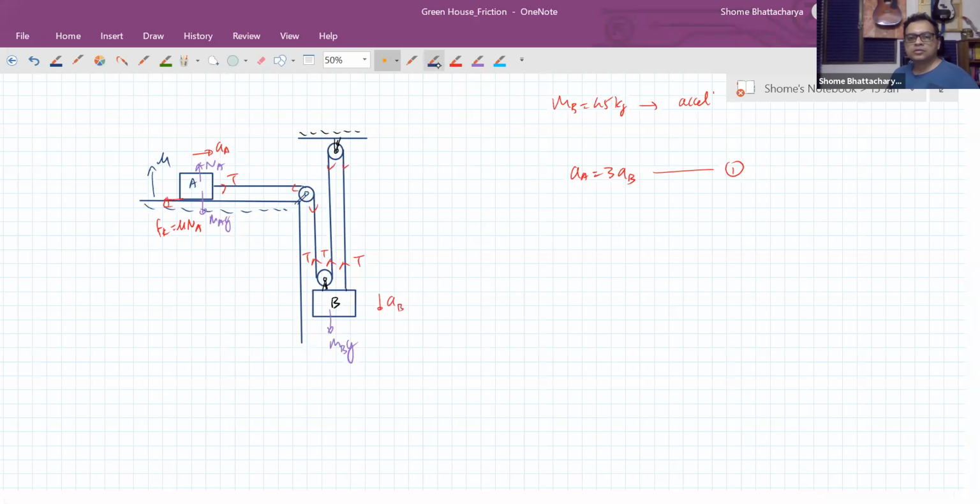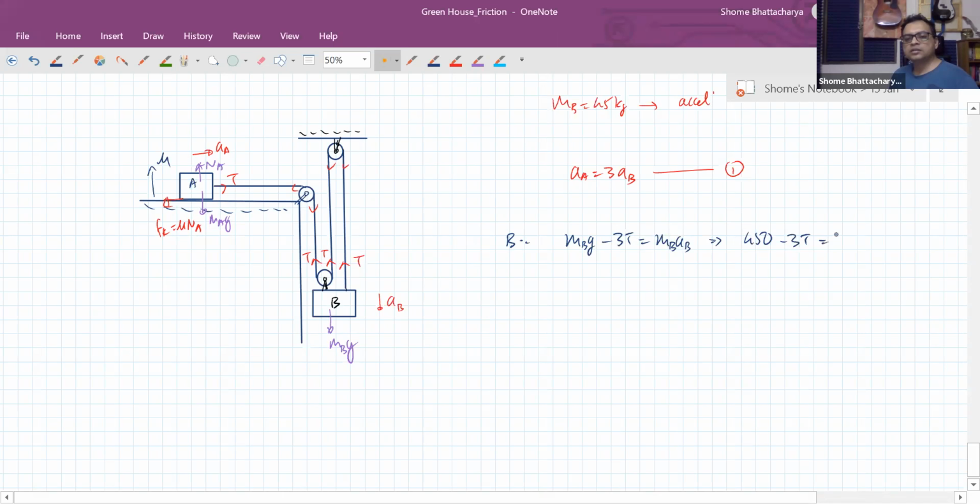Okay. So for B, your equation will become weight minus 3T is equal to mass into acceleration. So this will become 450 minus 3T is 45 into AB. That's our second equation. And for the block A, we'll have tension minus kinetic friction is equal to mass into acceleration.